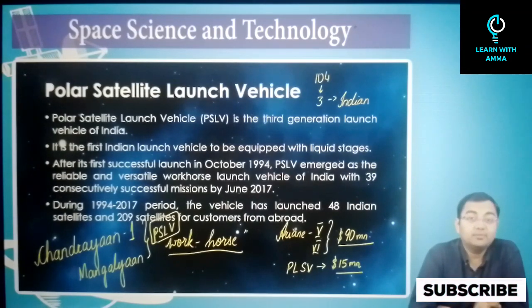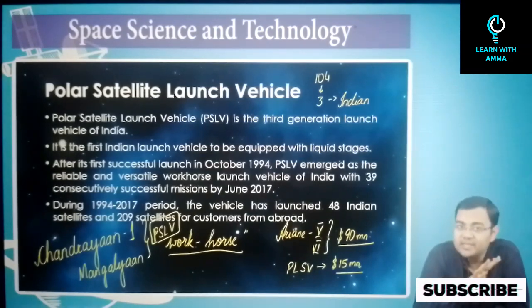But if the payload weight goes beyond 1600, 1800, beyond 2000 kg, then PSLV cannot be used. PSLV does not have a carrying capacity beyond approximately 1500 to 1600 kg. In that case we need to use another launch vehicle.